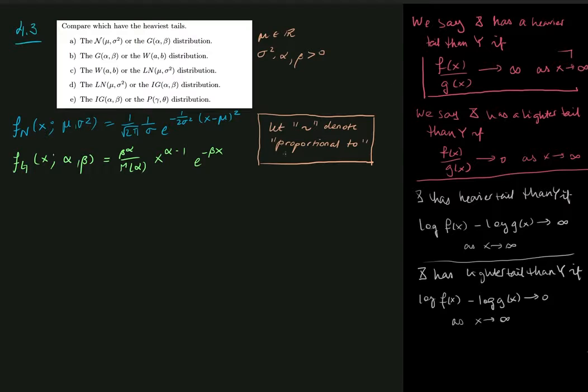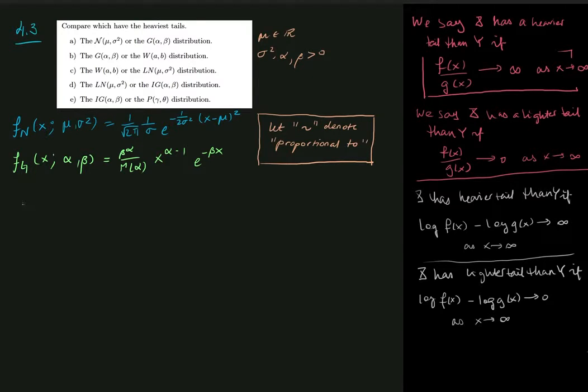Note that I've written here, let tilde denote proportional to, and the reason is that when we compare the ratio between the two densities and let x go towards infinity, the constants, such as this part and this part, don't really play any significant role. So we don't want to lug around these constants and keep writing them all the time.